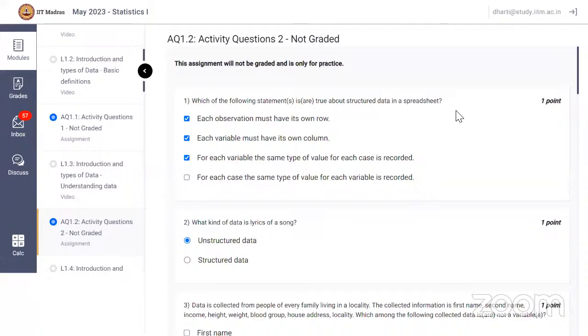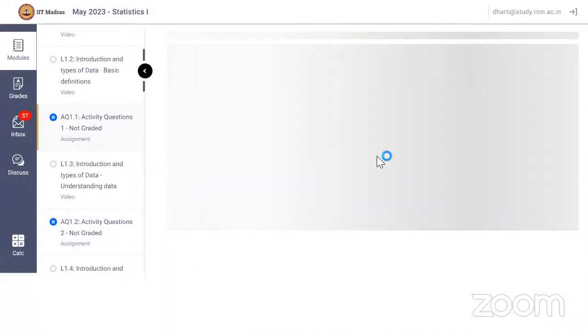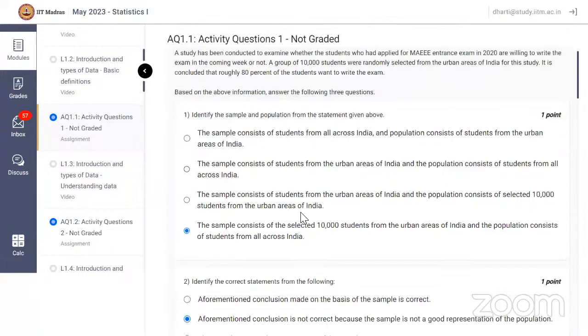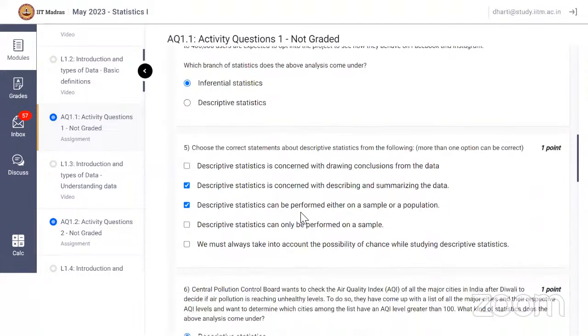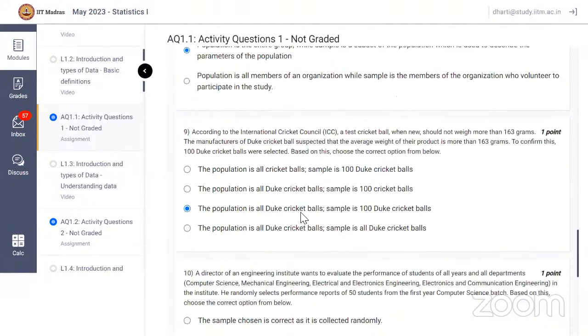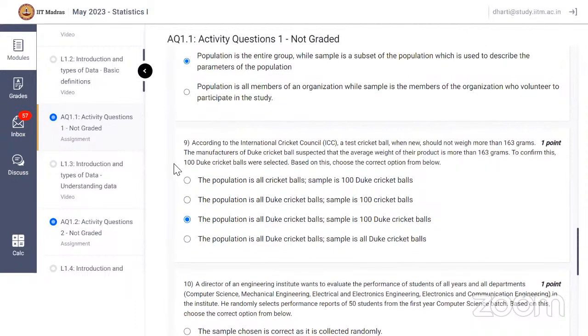Actually, in the Duke ball question in 1.1, why is the sample not all balls? Maybe the Duke manufacturer is randomly selecting 100, but the comparison is with the whole ICC standard, which consists of all balls, right? You are right, but here they say that to confirm this, they have taken 100 Duke cricket balls. That's why the sample is 100 Duke balls.